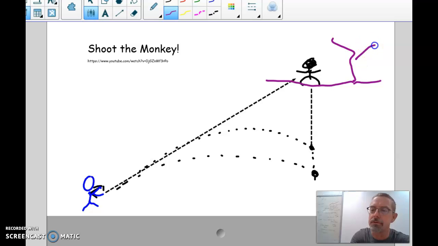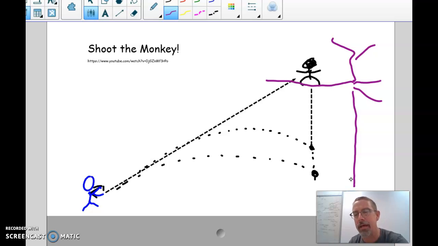We'll kind of make this tree up this way. It's maybe winter, so it's lost its leaves. And at immediately the time that you shoot at this monkey, the monkey recognizes this and drops from the tree. Now, you've got a rather slow-moving bullet, and so the bullet falls appreciably in between the time that the monkey falls and this bullet reaches this monkey.